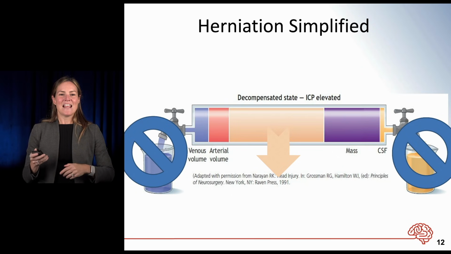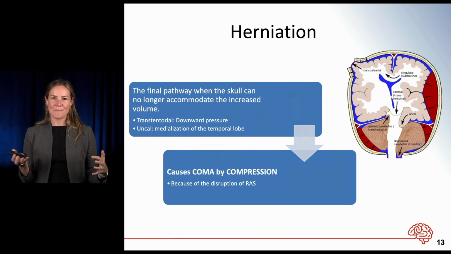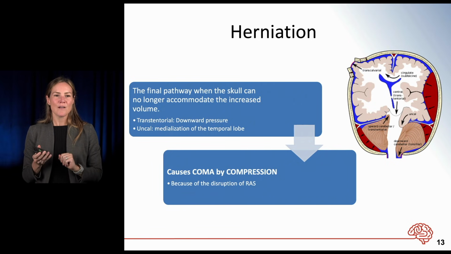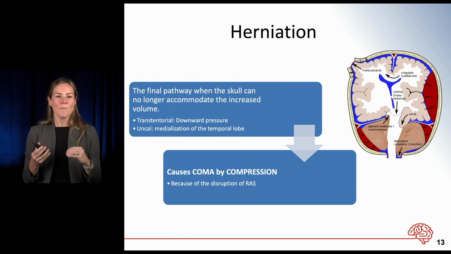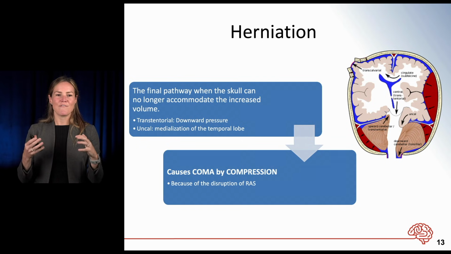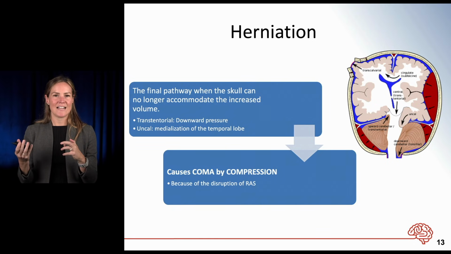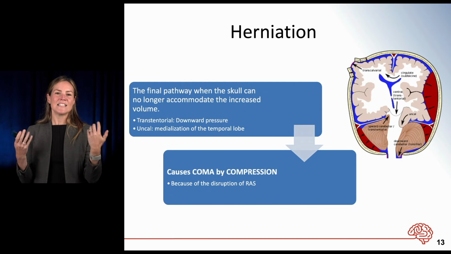Now, herniation has a bunch of different subtypes of specific herniation syndromes, but all of them share the final pathway that there is going to be coma. And the coma is a result of the compression and disruption of the reticular activating system, which is a really complex neurologic circuitry that exists in the brainstem.